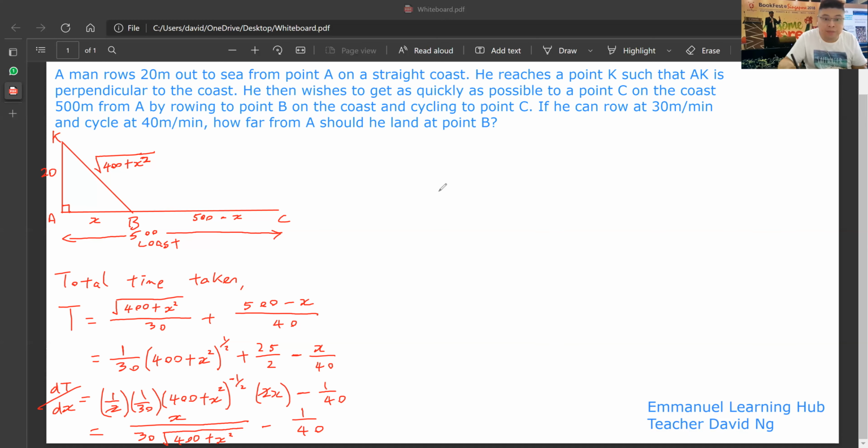Okay, dt/dx. How far should A be? So dt/dx is 0, because T minimum means dt/dx is 0.